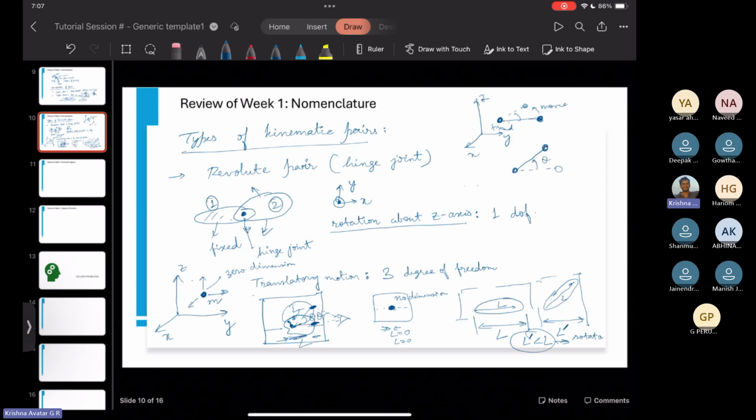So this is the angle of rotation. That's the reason that to understand rotation, we need at least 2 points.